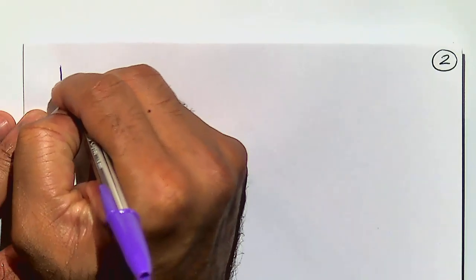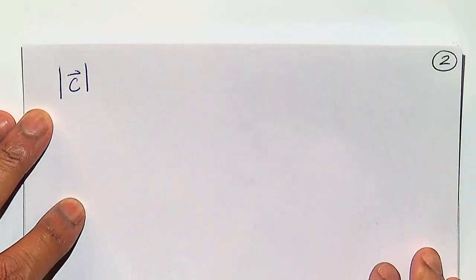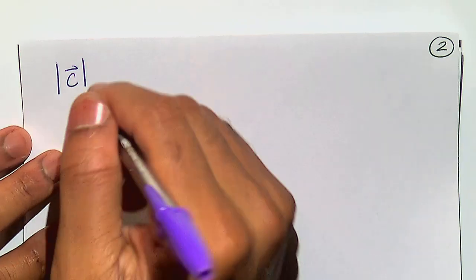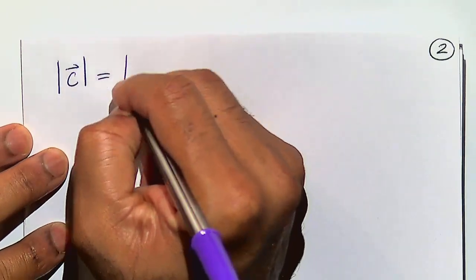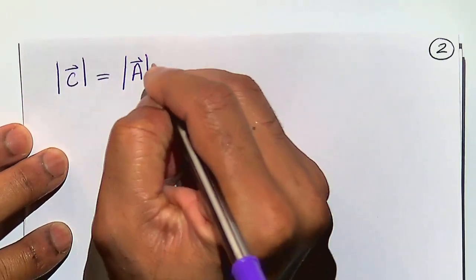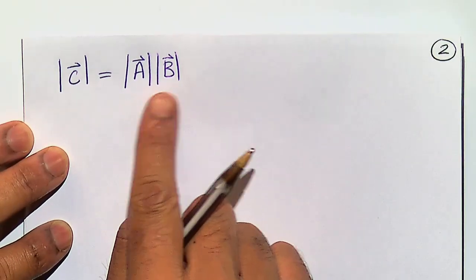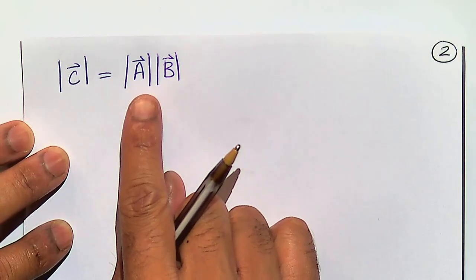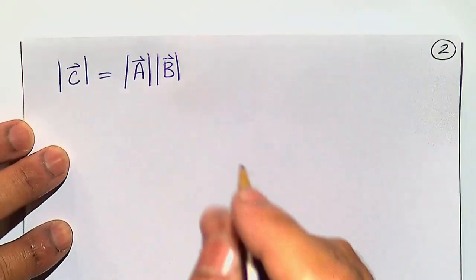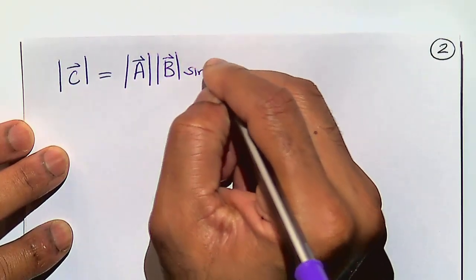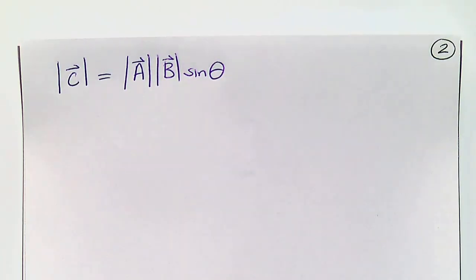So what we're going to do is have a rule that says the magnitude of C, and again, C is just arbitrary, just some result of A cross B, is the magnitude of A times the magnitude of B. This is just multiplication, like arithmetic, like 2 times 10, right? So magnitude times magnitude, times the sine of the angle between them.